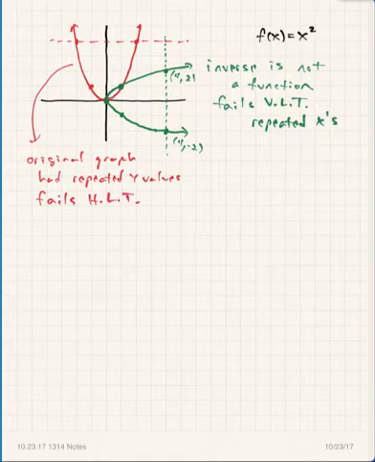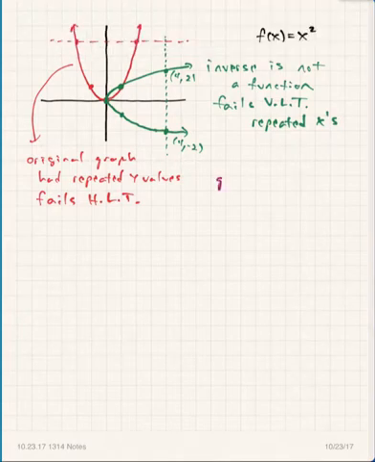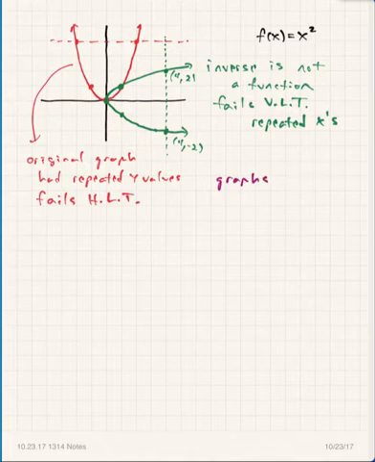And graphs that fail the horizontal line test have inverses that are not functions. Let me write that down. Let me repeat that.